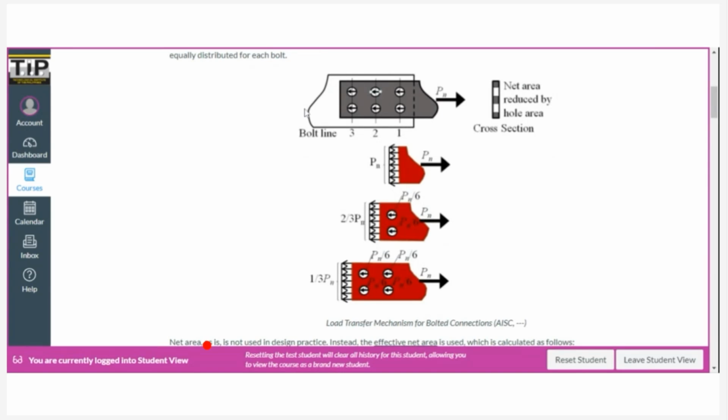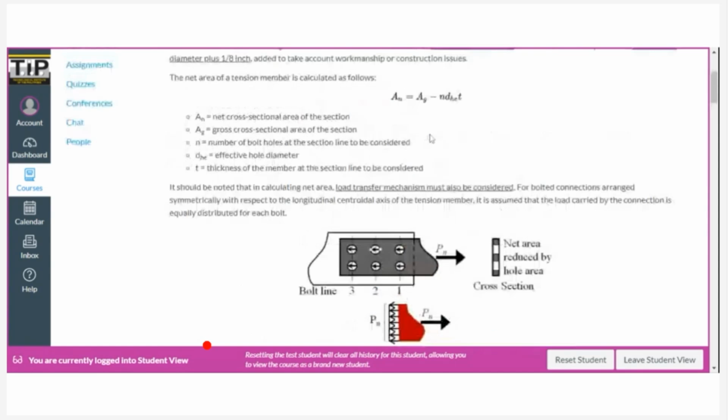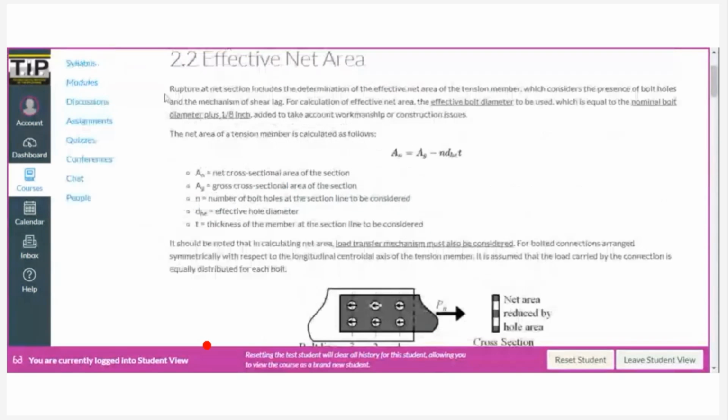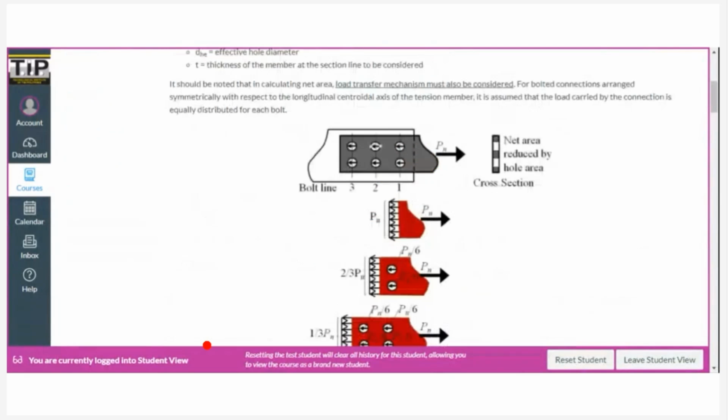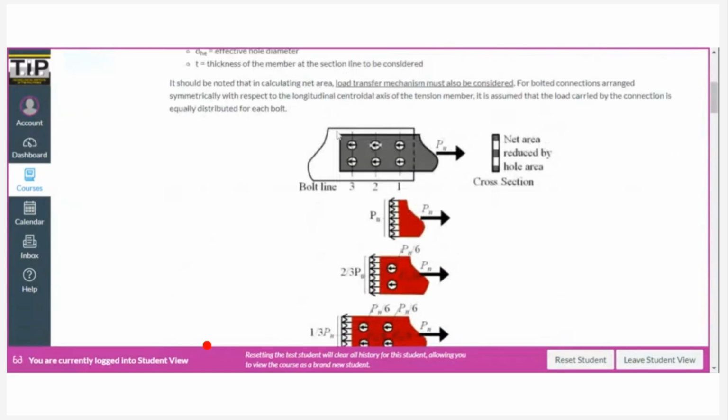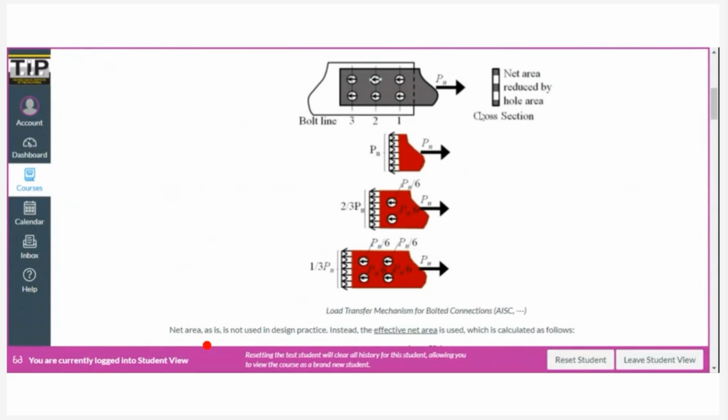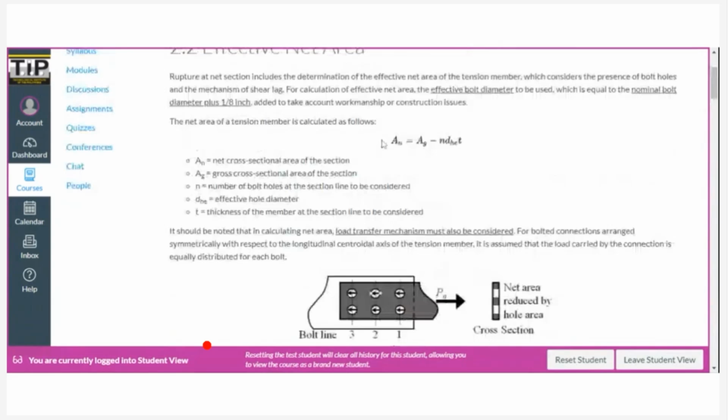Now, once you have, for example, already calculated with the load transfer mechanism in mind, the net area here that you calculate is not yet the area that you will use for analysis or design. Okay. So we are only considering for now the first factor, which is the presence of bolt holes.